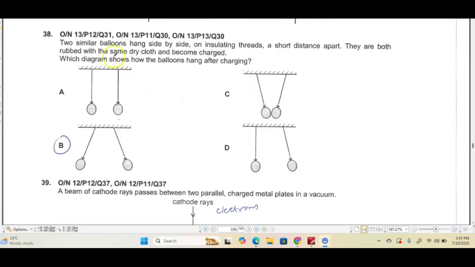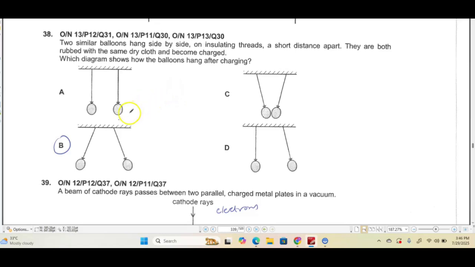Question number 38. Two similar balloons hang side by side on insulating threads a short distance apart. They are both rubbed with the same dry cloth and become charged. Which diagram shows how the balloons hang after charging? When two similar balloons are rubbed with the same dry cloth, they acquire the same type of charge. ठीक है, either both become positive or both become negative.